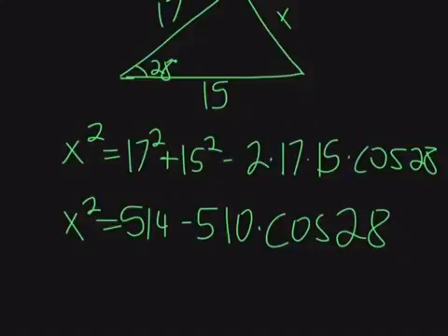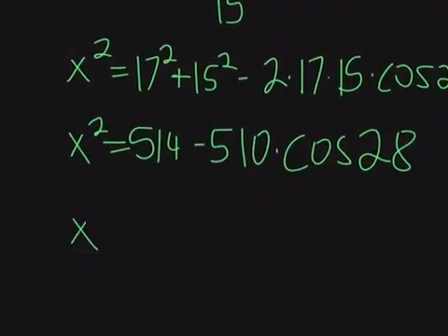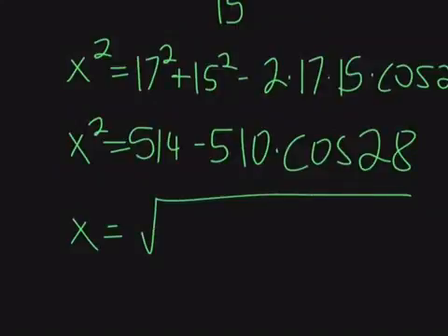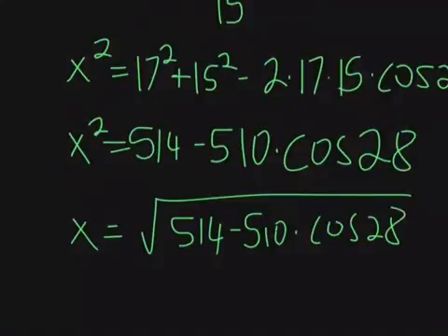So if we want to find x, we have to square root 514 minus 510 times cosine of 28. In a calculator, you can type in 514 minus 510 times the cosine of 28 and square root the entire equation.